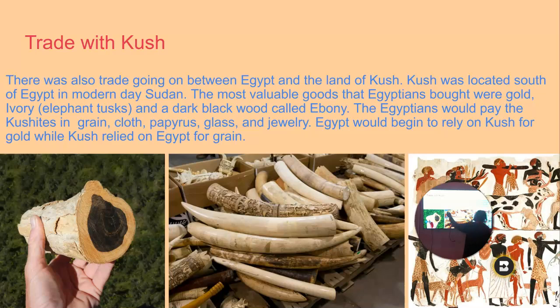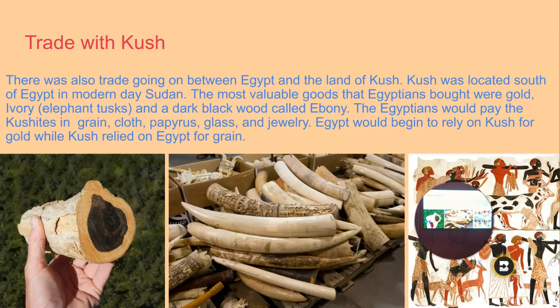Yeah. Okay. There was trade going on between Egypt and Cush. All right. What else do we need to know from this slide as far as economics go? We know they traded. We know what they exported, right? So these are going to be our exports.